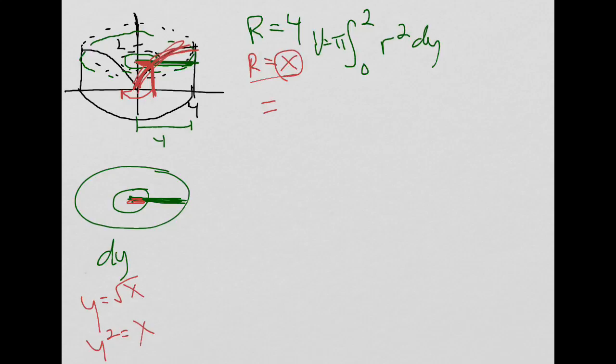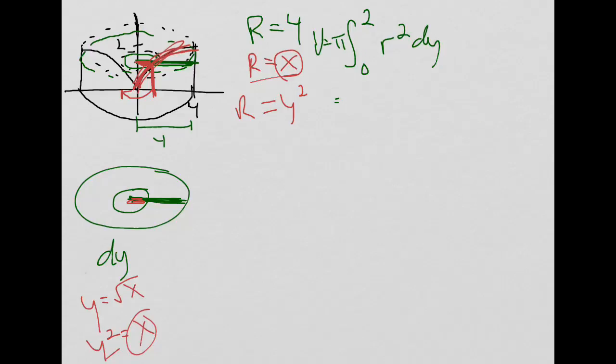So what I'm going to do is plug in this value of y squared for x. So I get r equals y squared, which then I get pi integral 0 to 2, not 4, of y squared squared dy.